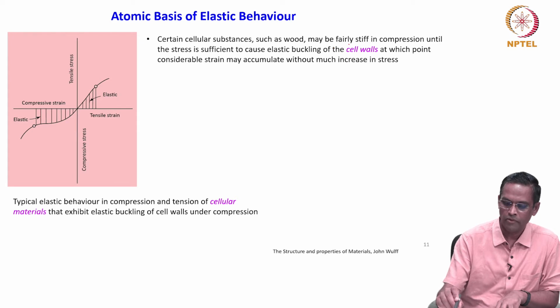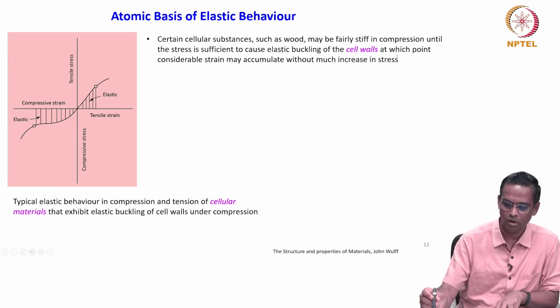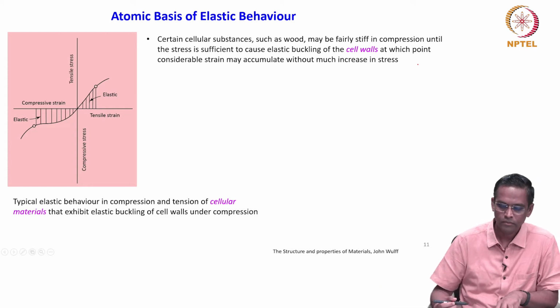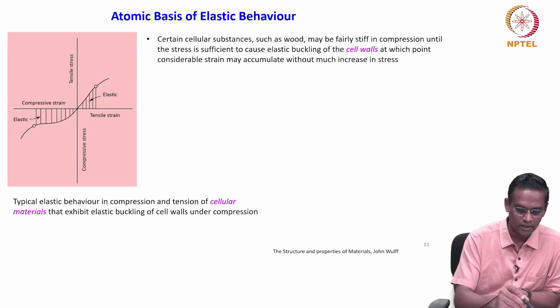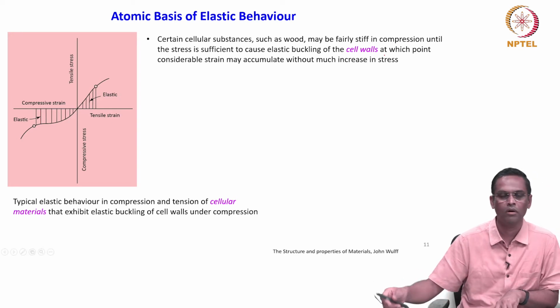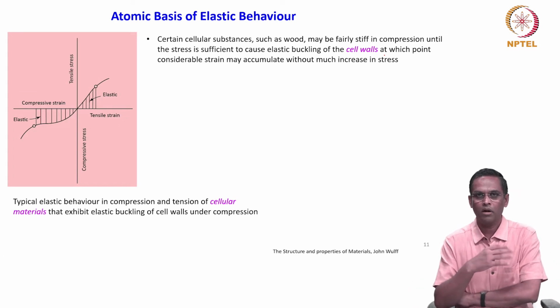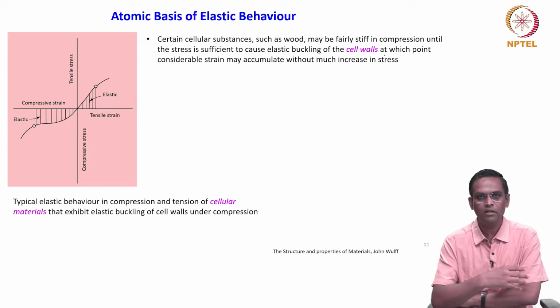The one classical example is natural wood, which may be fairly stiff in compression until the stress is sufficient to cause elastic buckling of cell walls, at which point considerable strain may accumulate without much increase in stress. Okay. So we are talking about not primary bonds like in the other materials, we are talking about the buckling of cell walls.